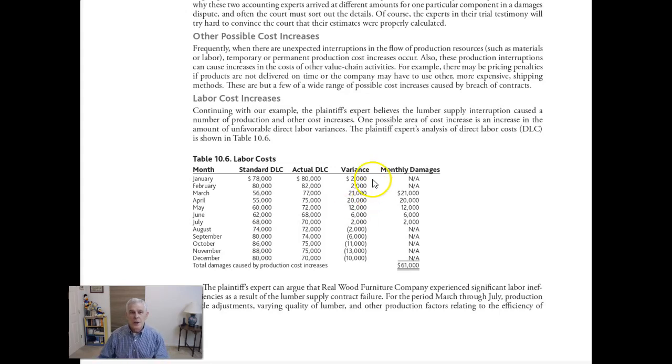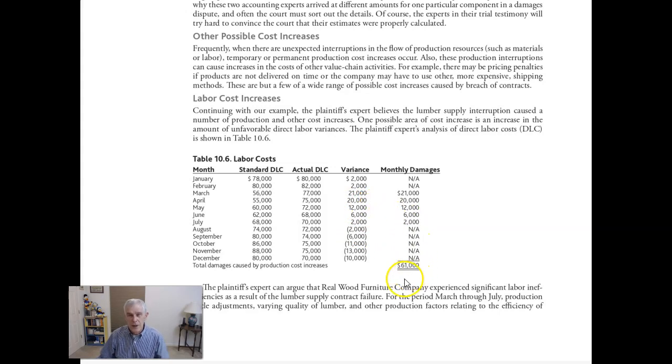So they look at direct labor cost variances, and they find out that in several months here, the actual direct labor costs were higher than the standard called for. And so they're saying this was due to the damages under the contract. If they can attach that line of reasoning to this case, they can use this. So now they're going to say the direct labor cost variances were caused by the contract breach.